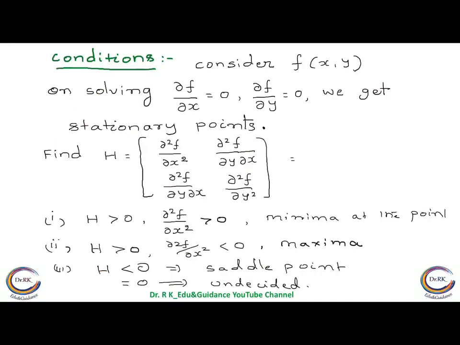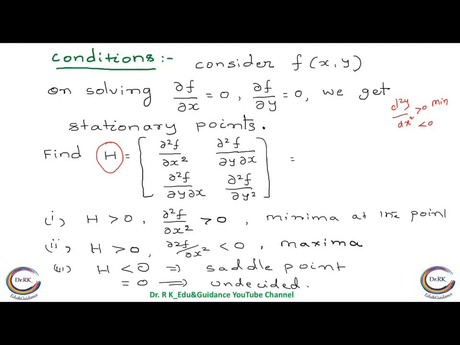Now we'll see what the conditions are to say whether it is maxima or minima. Various approaches are there; this is the easiest approach. We find the Hessian matrix, H matrix, consisting of its second derivatives, because maxima or minima depends on the second derivatives. Just for our understanding, in the case of a single variable, if dou square y by dou x square is greater than 0 at a point, then we say minimum.